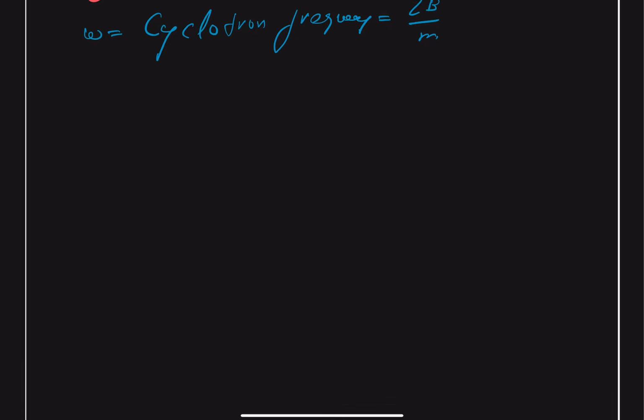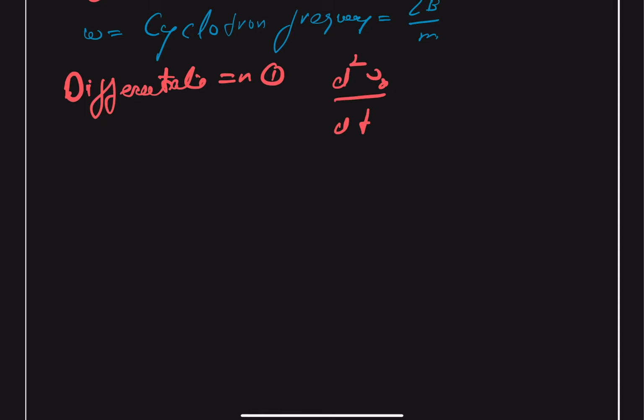So if you differentiate equation 1, this gives us the double derivative of vx with respect to time equal to omega times the derivative of vy by dt, and this gives us minus omega square vx.